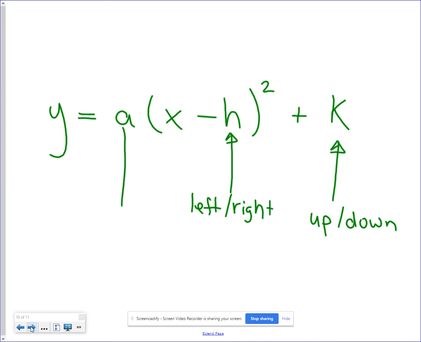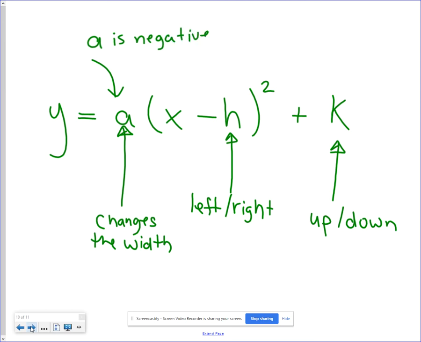And the a value changes how wide it is, changes the width. But the a value, if a is negative, it flips it. It's a reflection over the x-axis.